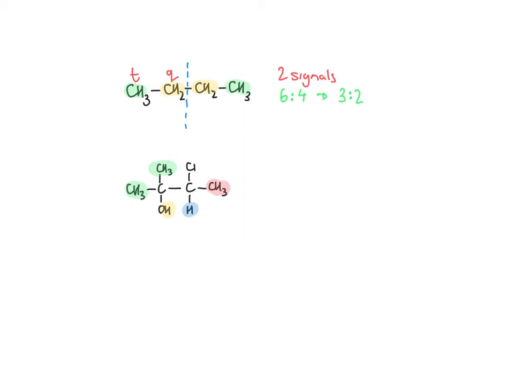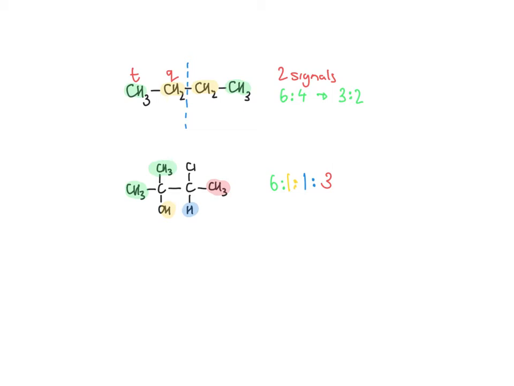So if I was writing the ratios, I would write that as 6 to 1 to 1 to 3. Okay, so in terms of my integration values, they would be in this proportion, 6 to 1 to 1 to 3.